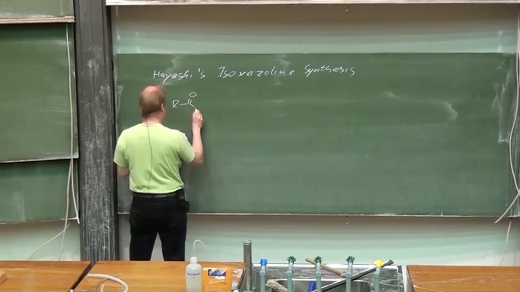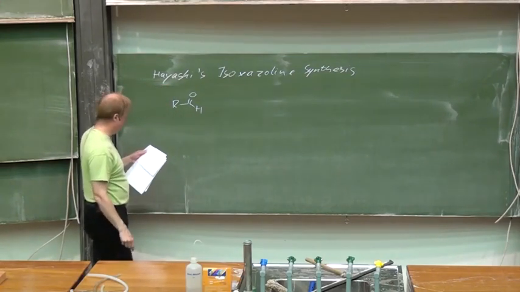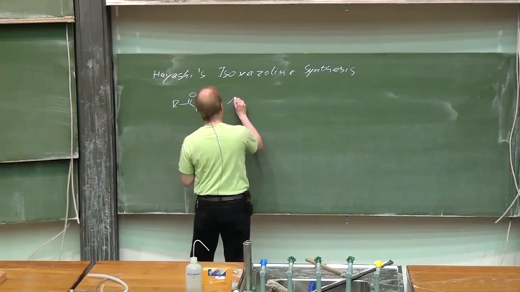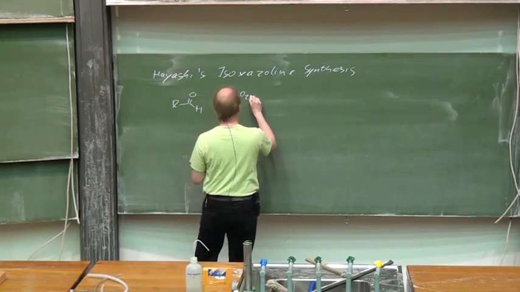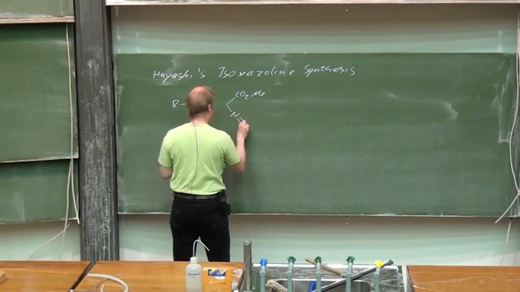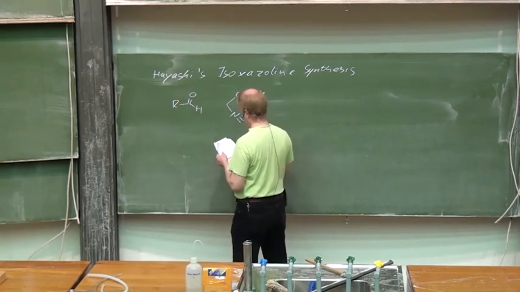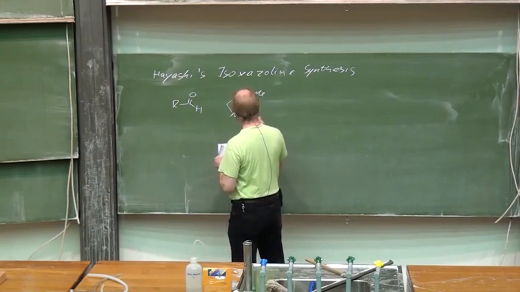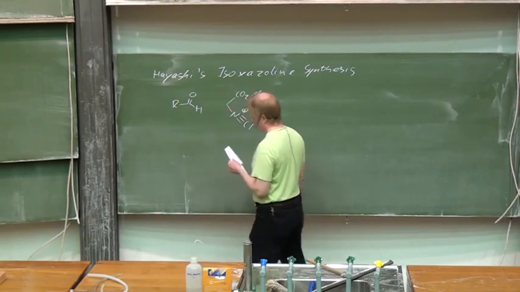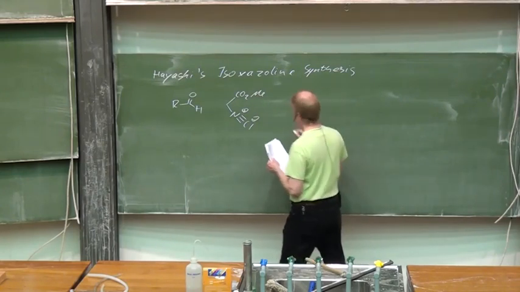Hayashi's group started with an aldehyde and this type of isonitriles were used as the coupling partners.